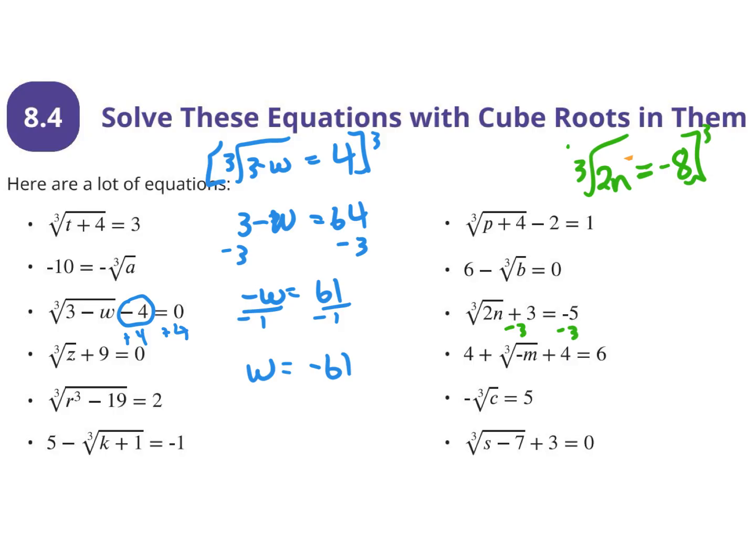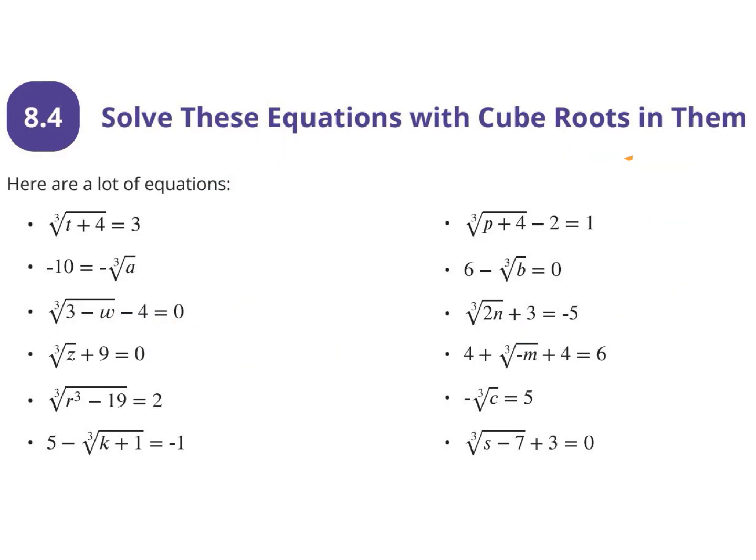When I cube the whole thing, we get 2n is equal to negative 512. When we divide by 2 on both sides, n is equal to negative 256.